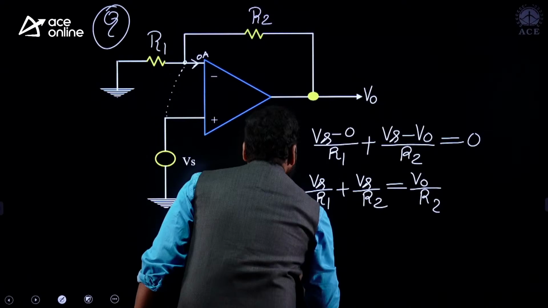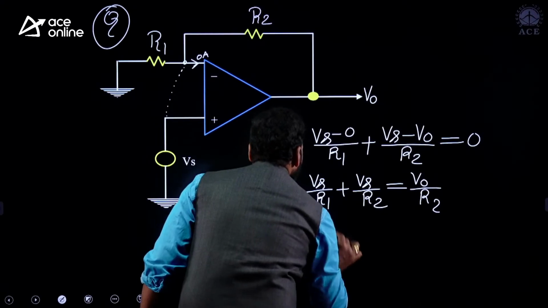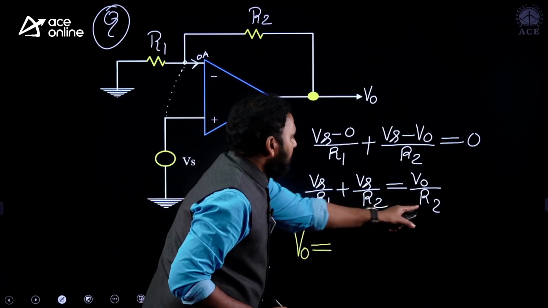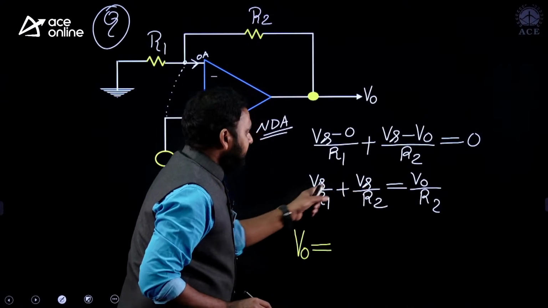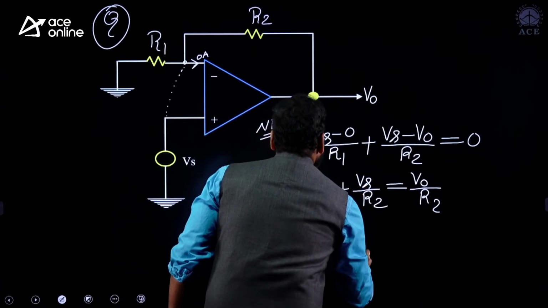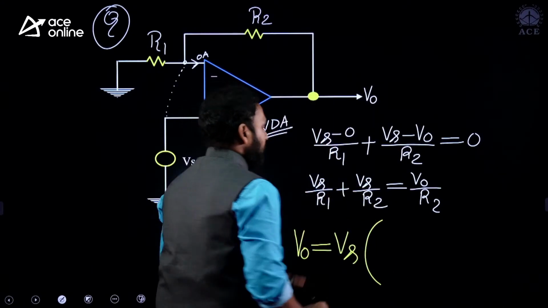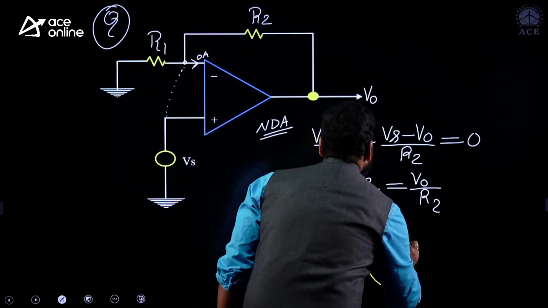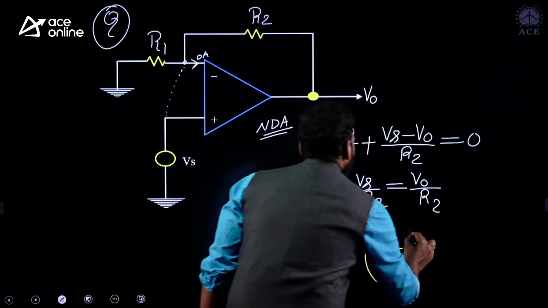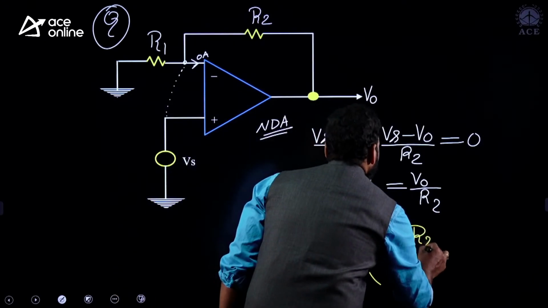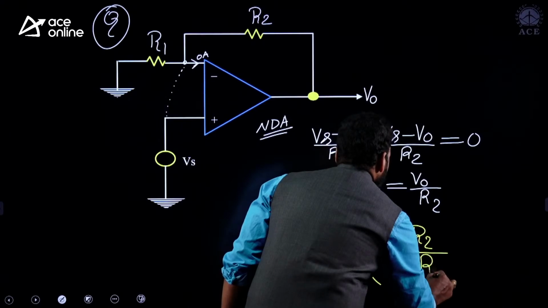Output voltage V0 is equal to, bring this R to this side, Vs is common, Vs into R2 by R2, 1 plus R2 by R1.